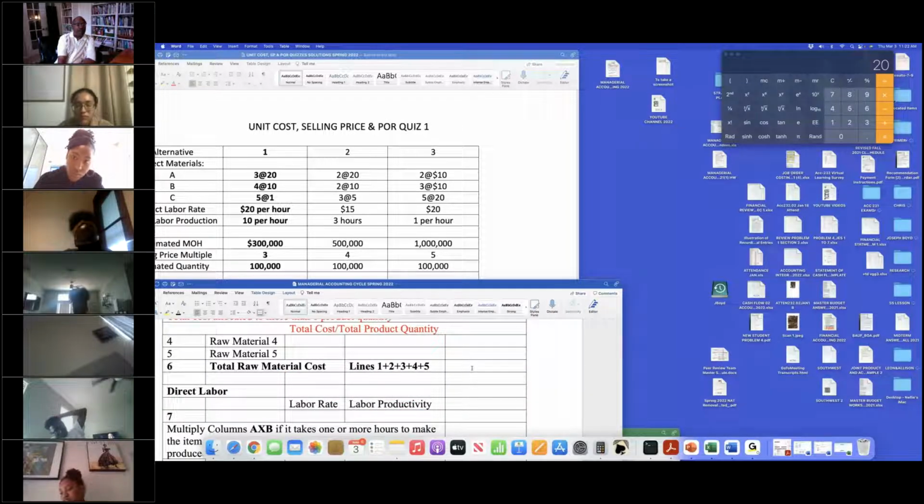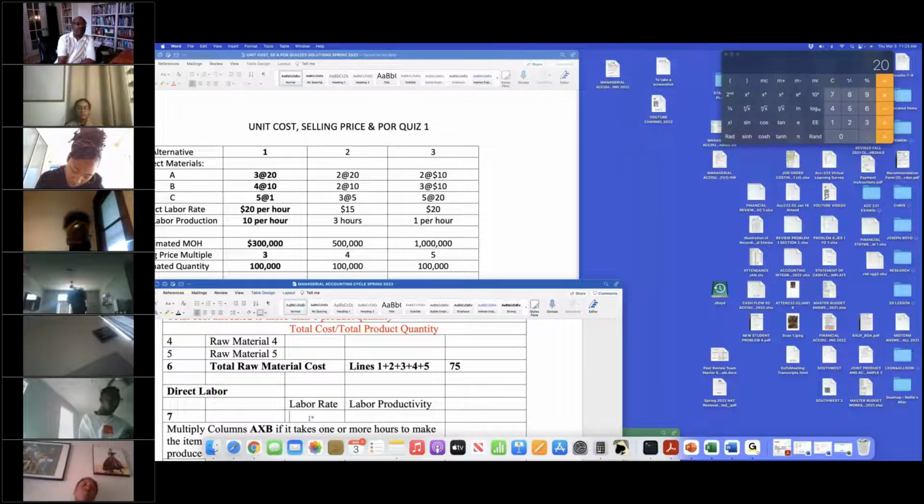Labor, we have a rate of 15, but it takes what? 3 hours. So if you're making $15 an hour when you work 3 hours, how much would you want? 45.